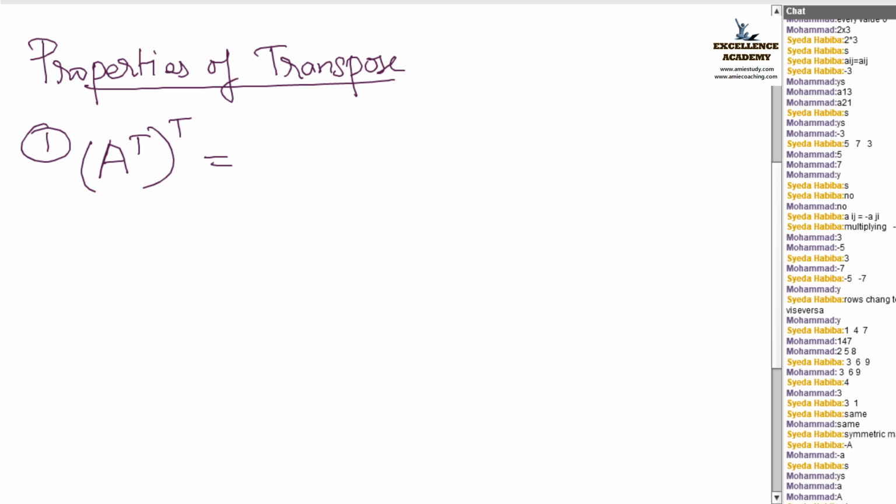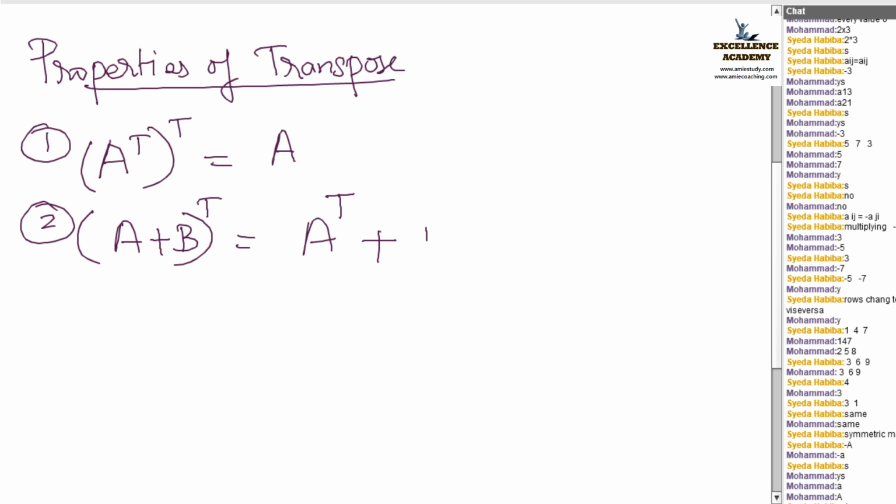A transpose, the whole transpose will be A. Yes, right. It is A. Then, if I am adding two matrices and taking the transpose, first I add the two matrices, then take the transpose. That is equivalent to taking the transpose of each one and then adding. Did you get me?